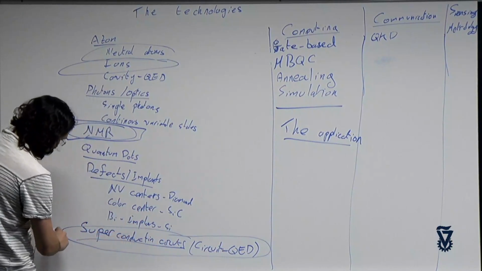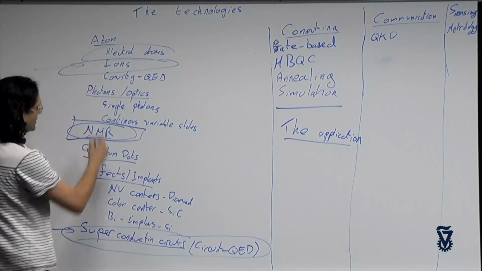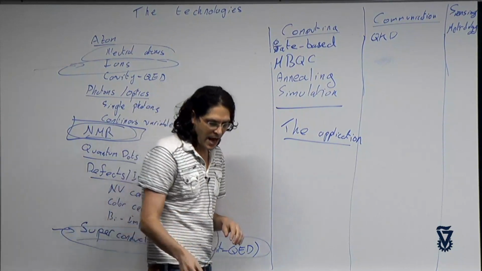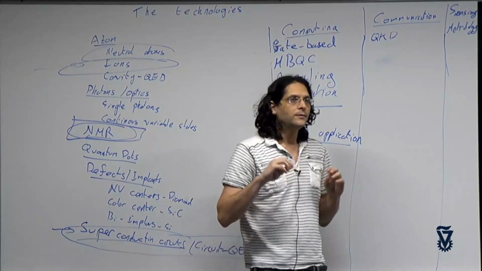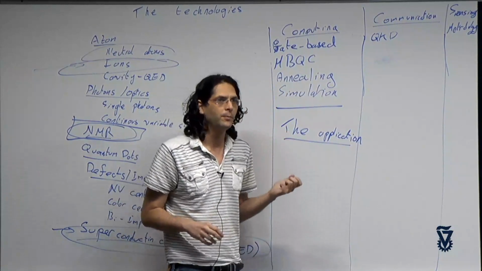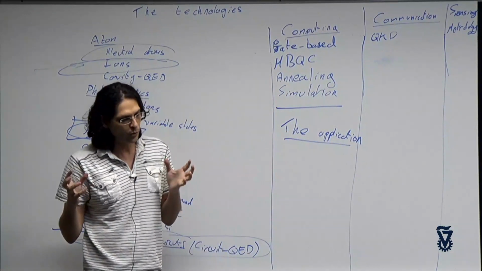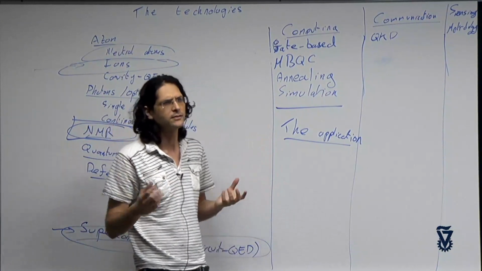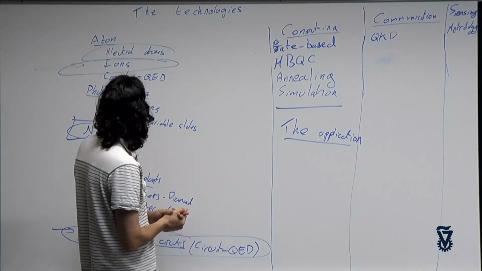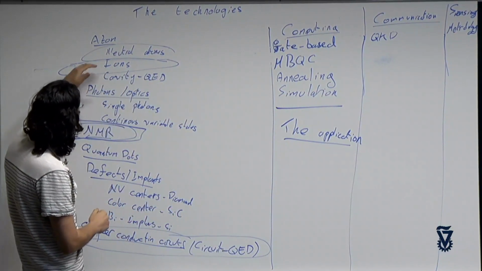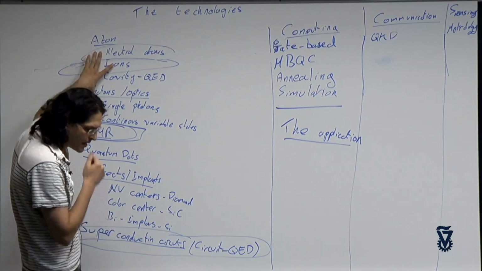And why superconducting qubits and trapped ions? Basically because right now these are the two leading technologies for realizing quantum computing. I would say that there are two or maybe three more possible dark horses for quantum computing, which are photons and neutral atoms, okay?